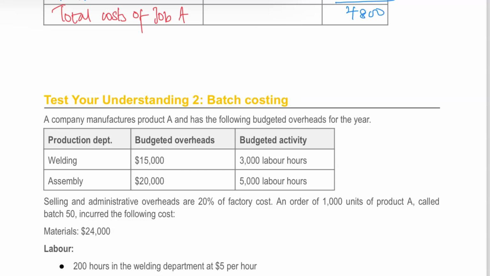Then assembly, budgeted overheads are 20,000. Budgeted activity is 5,000 labor hours. Selling and administrative overheads are 20% of factory cost. An order of 1,000 units of product A, called batch 50, incurred the following cost.